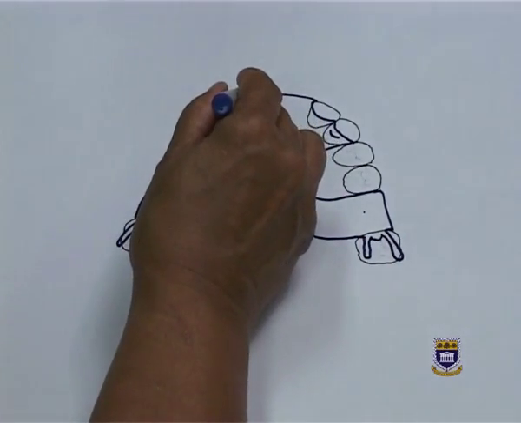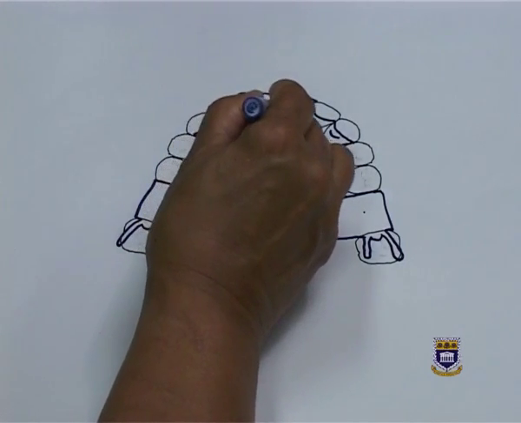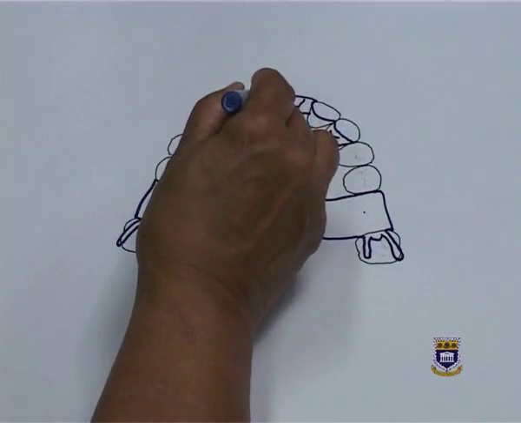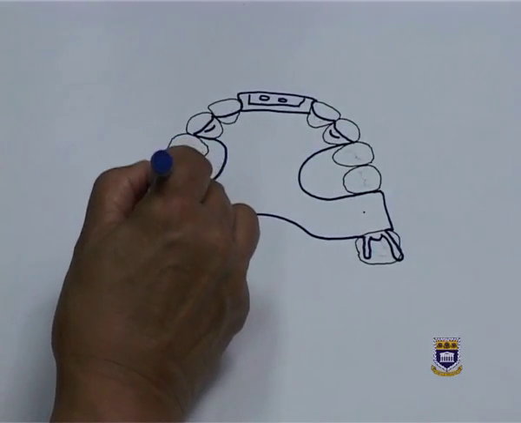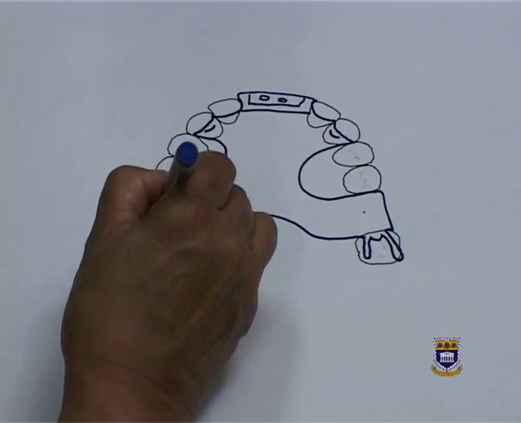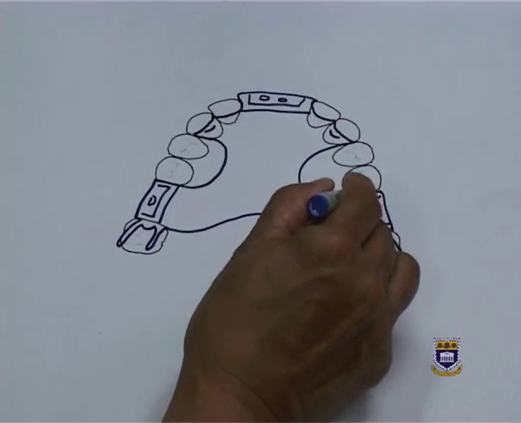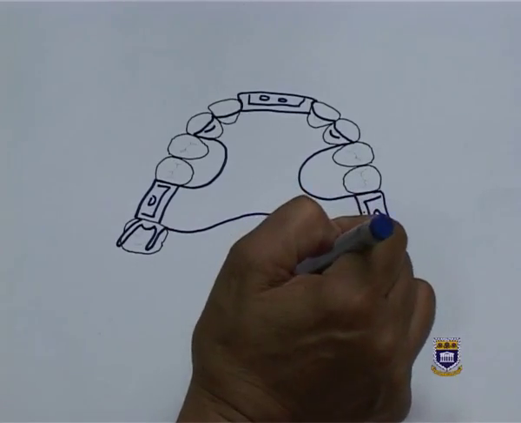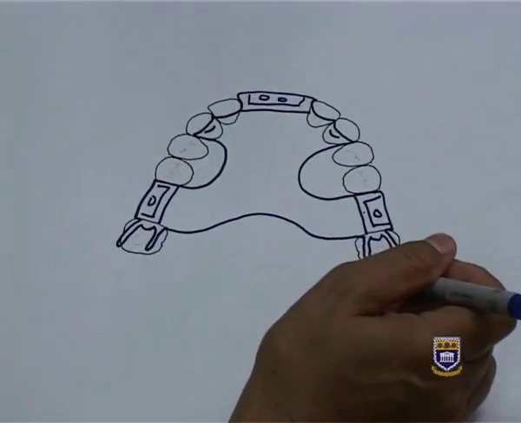I have to indicate that it's a metal denture, and anteriorly I'll have my acrylic finish line with my retention holes for my acrylic, as well as posteriorly, to indicate to the technician that this is a metal partial denture.